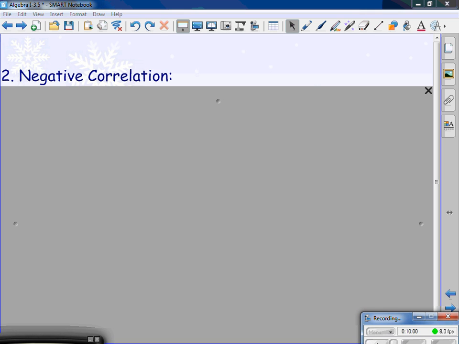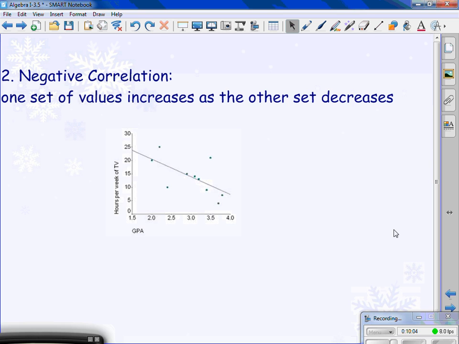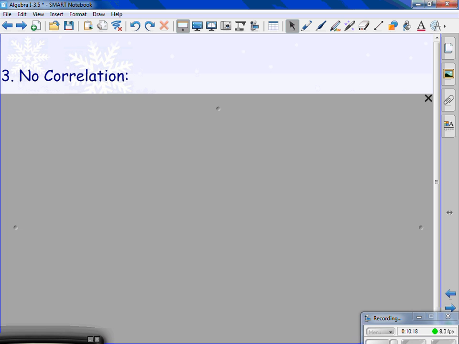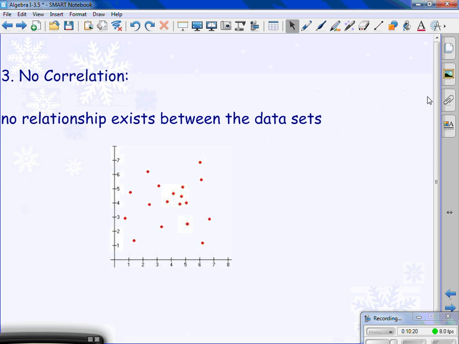Negative, that's the one we just had. It's the one going down. There's one last one. The last one is no correlation. There's no relationship between the data sets.